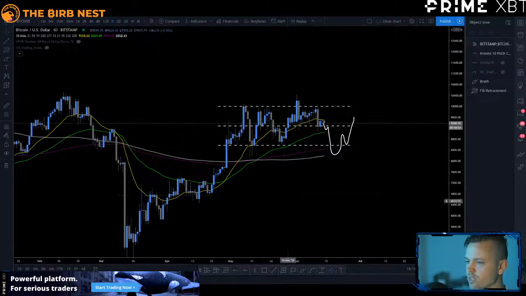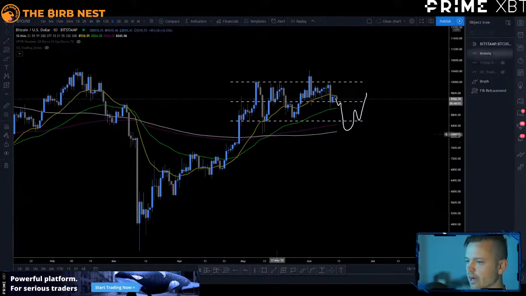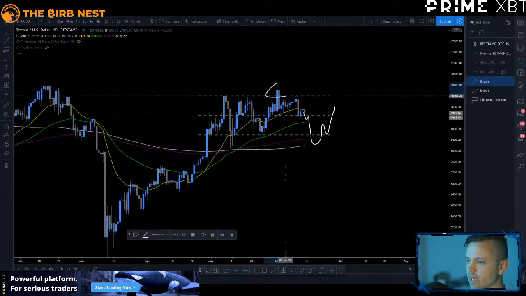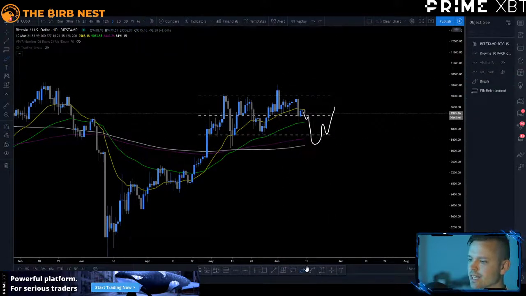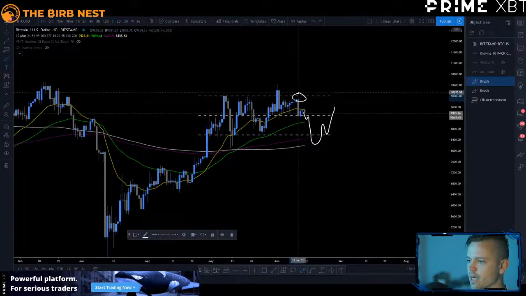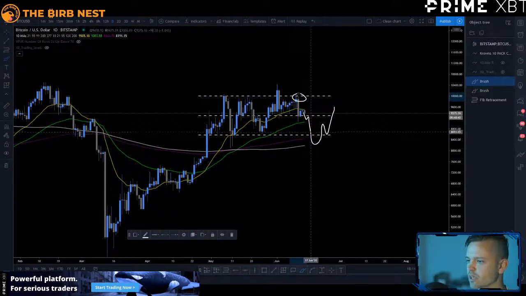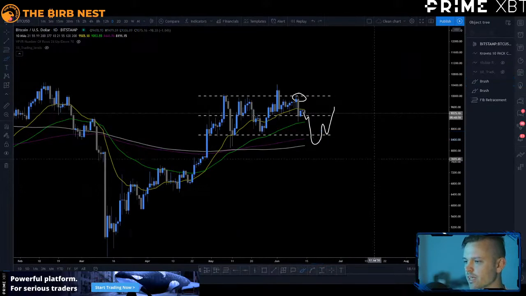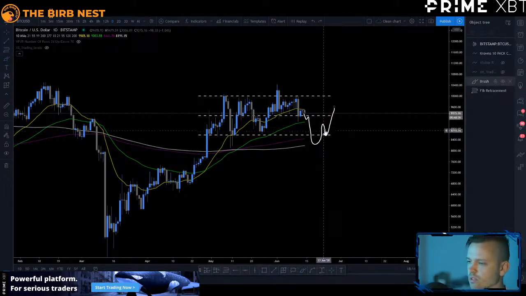The market structure right now is bullish because we are getting higher lows, and with this one pump here we had a higher high. This is actually now a lower high, and if we go down here for a swing low, that's going to be lower highs and lower lows, a bearish break in market structure.